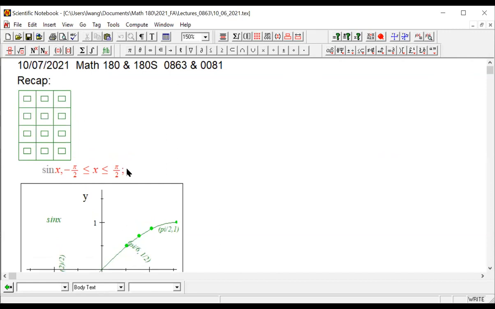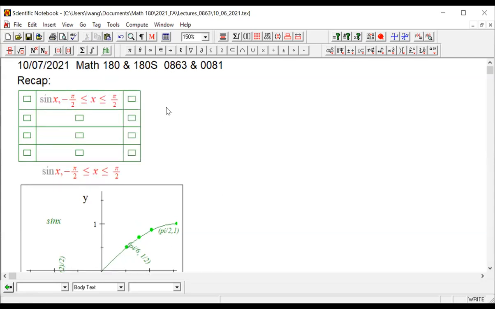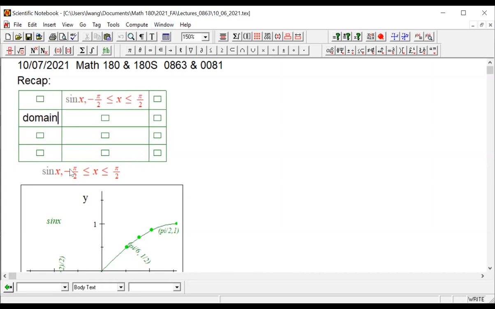Okay, to recap what we did yesterday. The sine we're talking about is this new function. Even though it goes by the same name, it's a different function. Its domain is between negative pi over 2 to pi over 2.